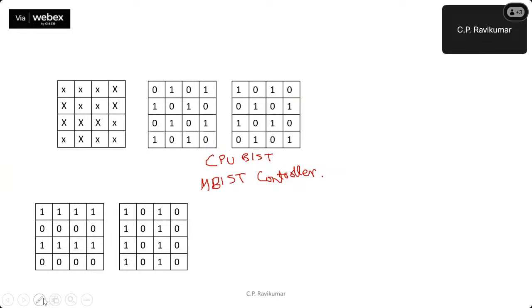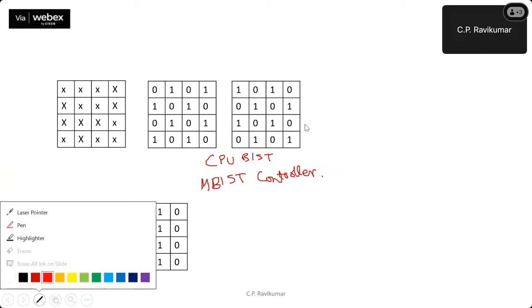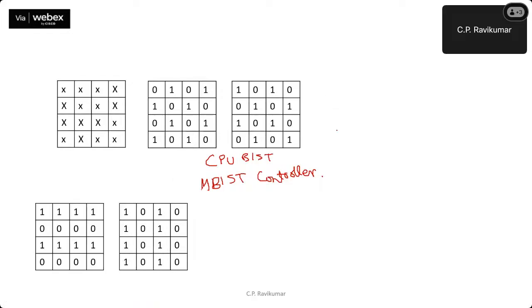So this is the checkerboard pattern. These are the row and column bars.